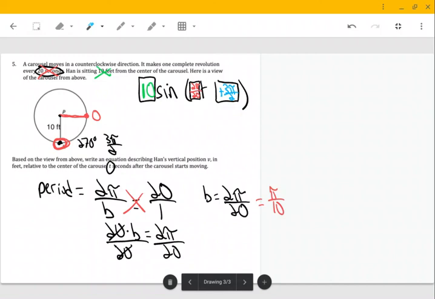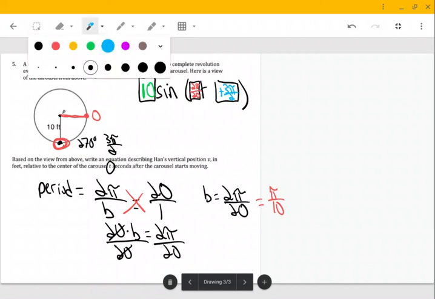Okay, and it looks like we've used all the numbers. We've used the fact that it makes a revolution every 20 seconds. We've used the fact that he's sitting 10 feet from center. And we've used the fact that he's starting at the 3 pi over 2 angle mark. So this right here is my equation.